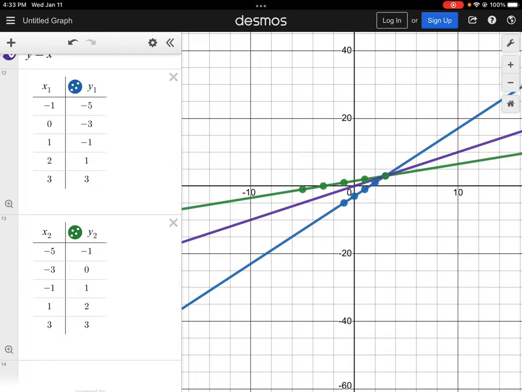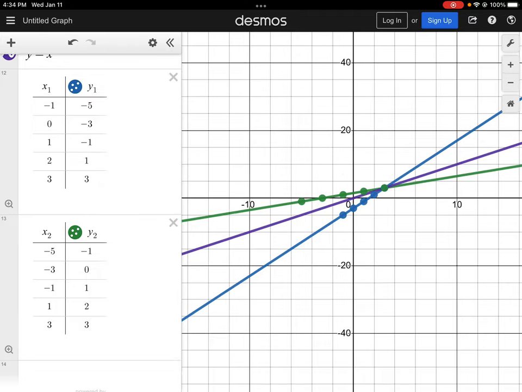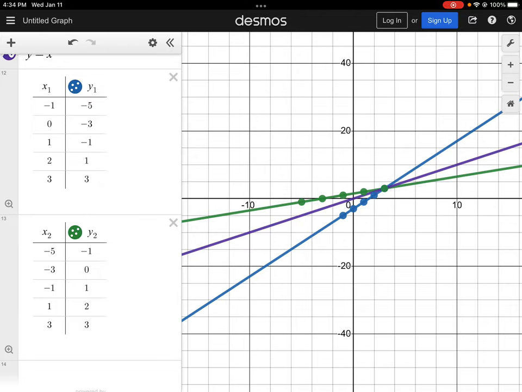Notice that as we get up, these two lines intersect at the point (3, 3), and that point lies on all three of these lines: y equals 2x minus 3, y equals a half times x plus 3, and the line y equals x.